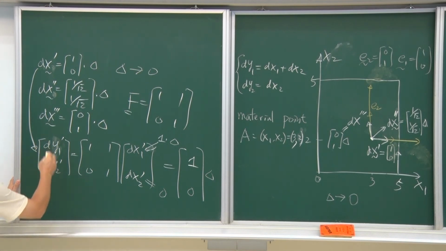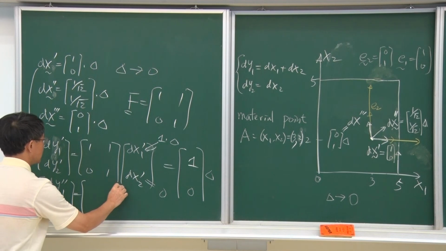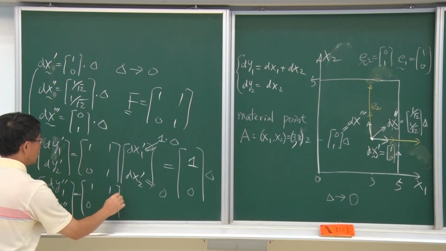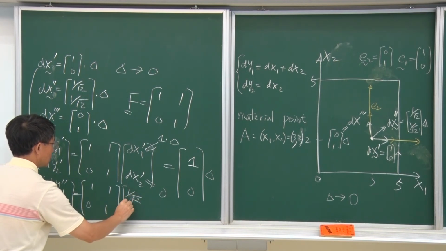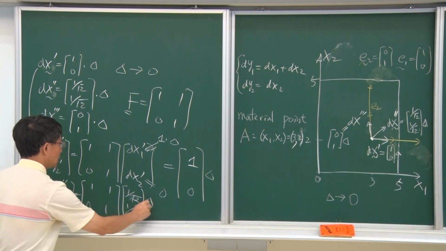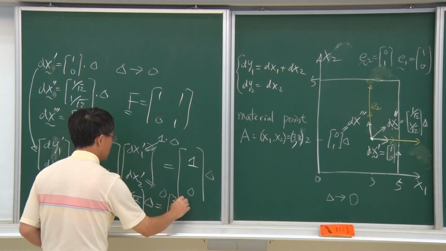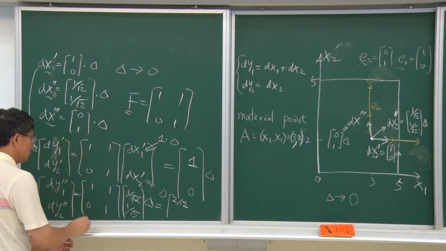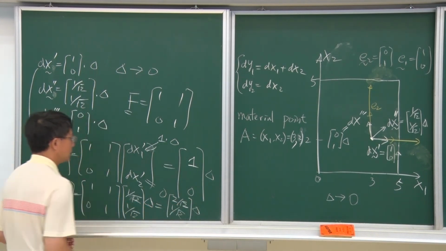And also, by the same reason, we can calculate another material line. Okay, and then we have (2/√2, 1/√2) delta.